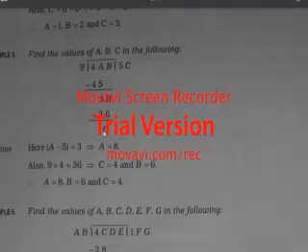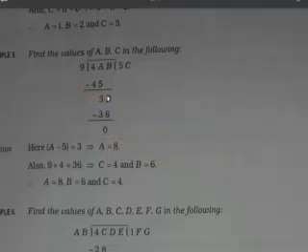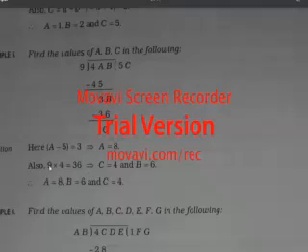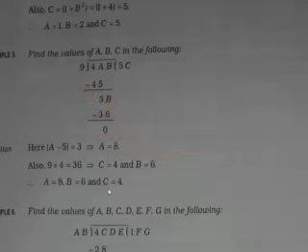Then only 36 minus 36 will become 0. So b minus 6 is 0, that is b is equal to 6, you can write. And c, 9 4s are 36 it becomes. So in place of c there should be 4. So here it has been written c is equal to 4. Therefore a is equal to 8, b is equal to 6, and c is equal to 4.